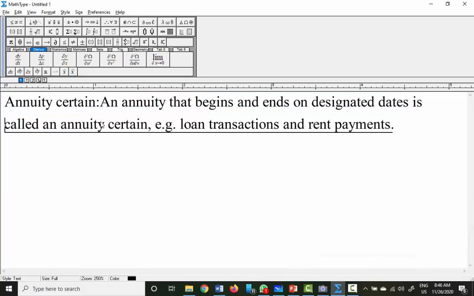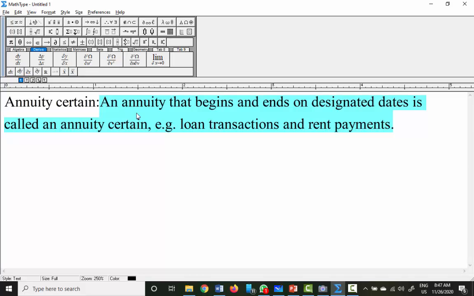So what is an annuity certain? An annuity that begins and ends on designated dates is called an annuity certain, like a loan transaction or rent payments. This kind of annuity will begin on a specific date and end on a specific date.